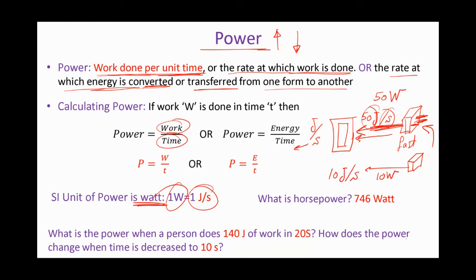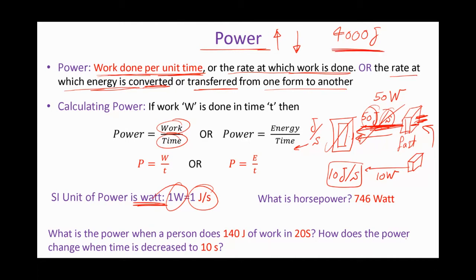Okay? So which one is better, to give 50 joule per second or only 10 joule per second? Of course, 50 joule per second, because you will charge your battery faster. Let's say the battery needs, for example, 4,000 joule.